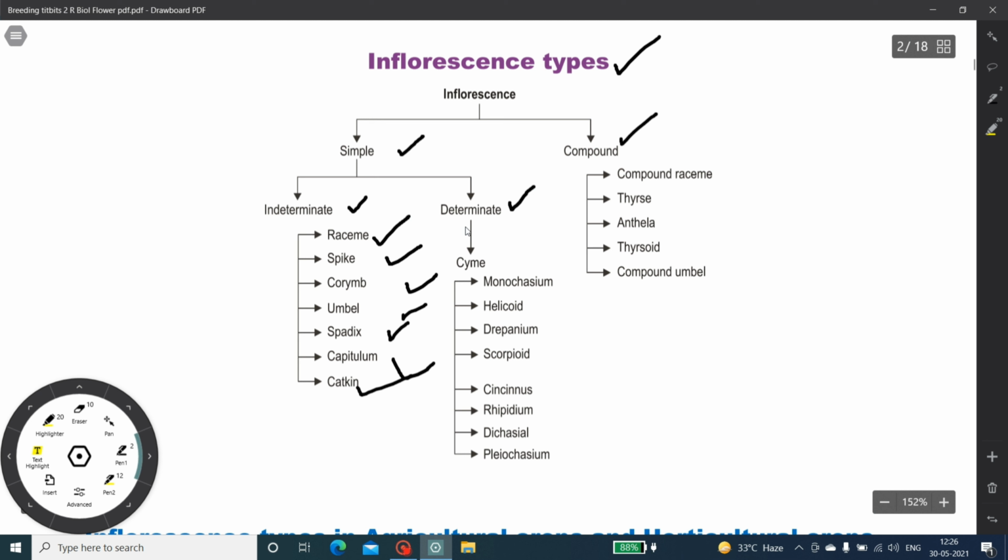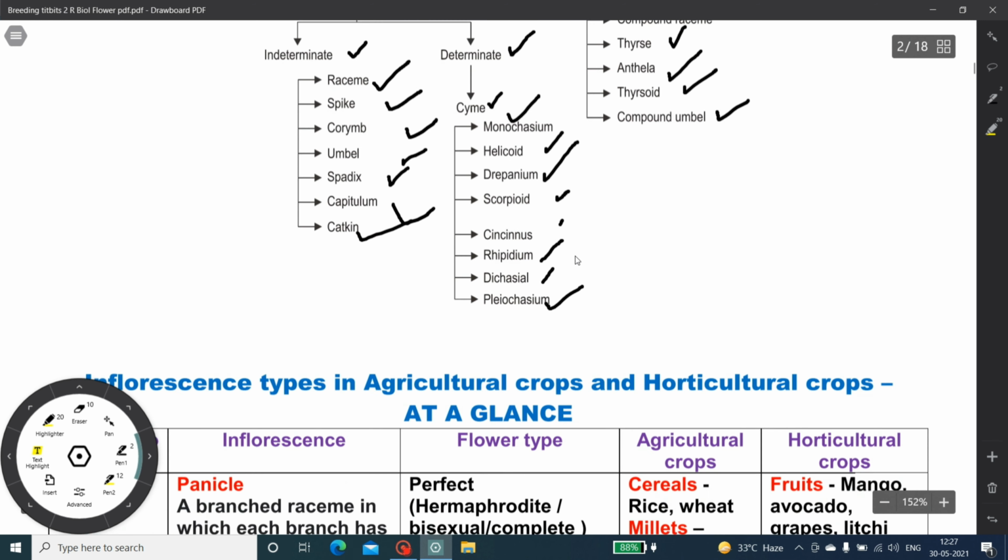While the determinate is the cyme, which has monochasium, helicoid, drepanium, scorpioid, cincinnus, rhipidium and dichasial pleiochasium. And that's all about simple inflorescence. The compound inflorescence has components of compound raceme, thyrse, anthela, thyrsoid and compound umbel. This is the classification or the types of inflorescence.